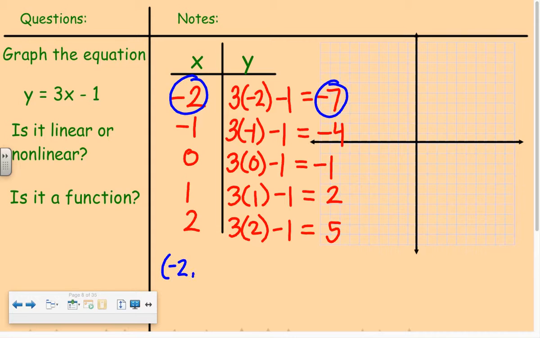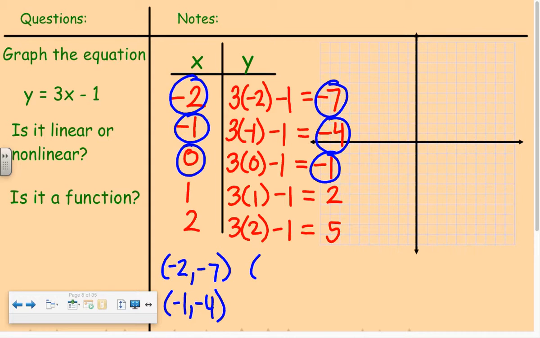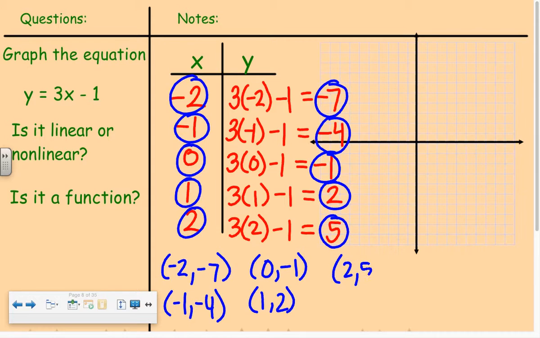So -2, -7. -1, -4, 0, -1, 1, 2, and 2, 5.